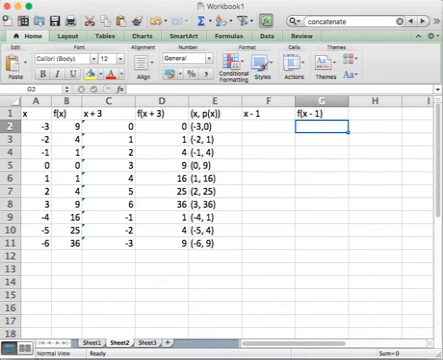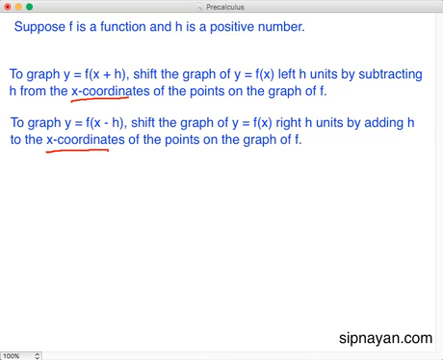So, yun, sa x coordinates tayo, nagma-minus tsaka nagpa-plus. So, to graph y equals f of x minus h, shift the graph of y equals f of x right h units by adding h to the x coordinates of the points on the graph of f. So, you have to be careful, no? Kasi ito parang baliktad siya.